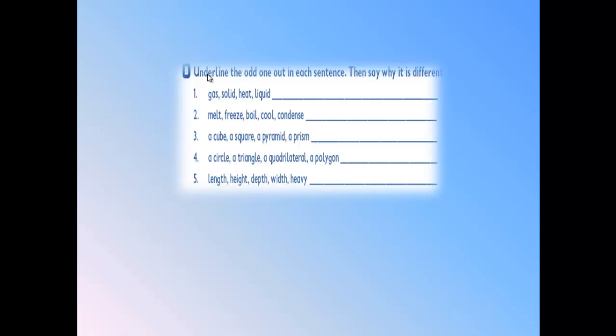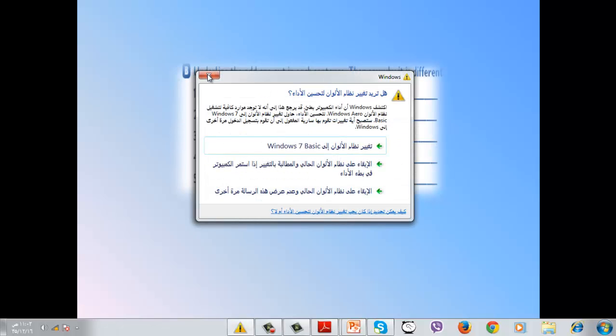Here we have 4 shapes also, but some of them are 2D and some others are 3D. Here the odd word is square, because a square is a 2D shape, whereas the others are 3-dimensional, 3D shapes. The cube, the pyramid, and the prism are 3D.